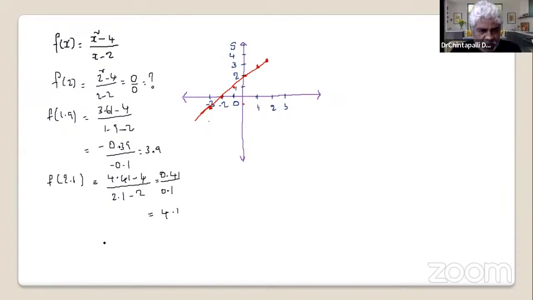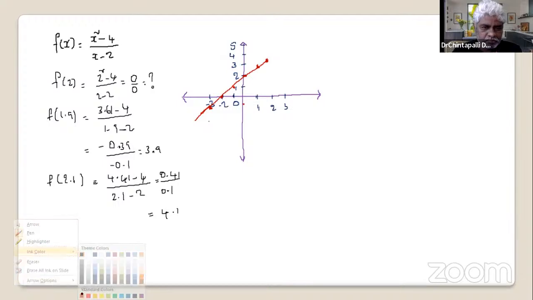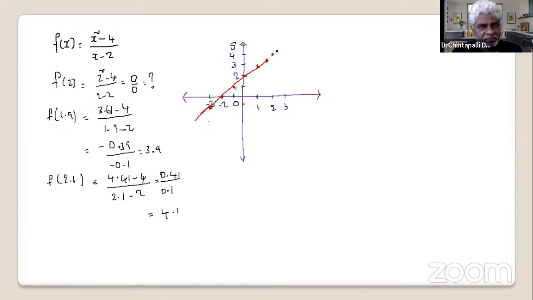So for x equal to 2.1, it is possible, and the value is 4.1. Got it? So it goes like that, and from then onwards it is possible for every value.